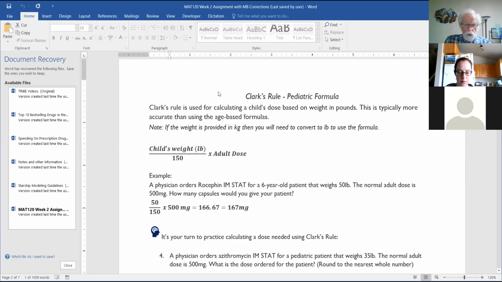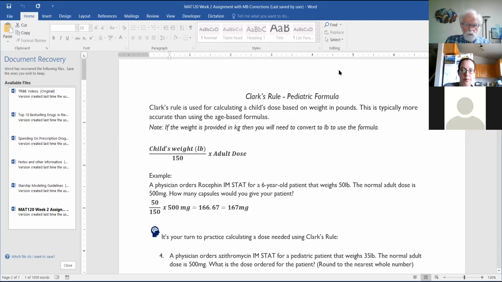There are several formulas that we can use for calculating pediatric doses. And as I told Ariel, pediatric in the context of this particular topic means anything less than an adult. And sometimes you have to look at someone and say, okay, you're adult size.